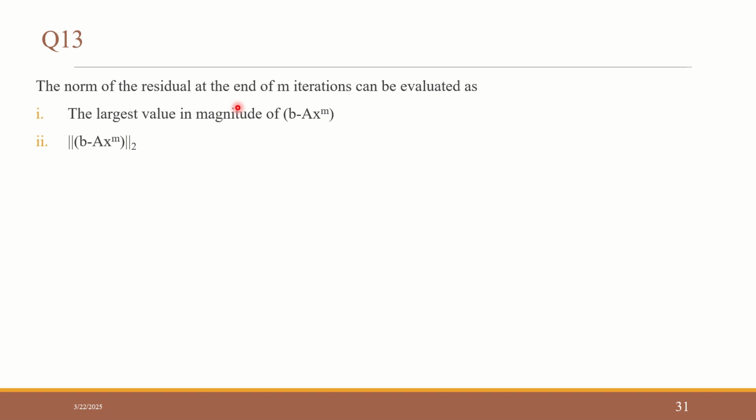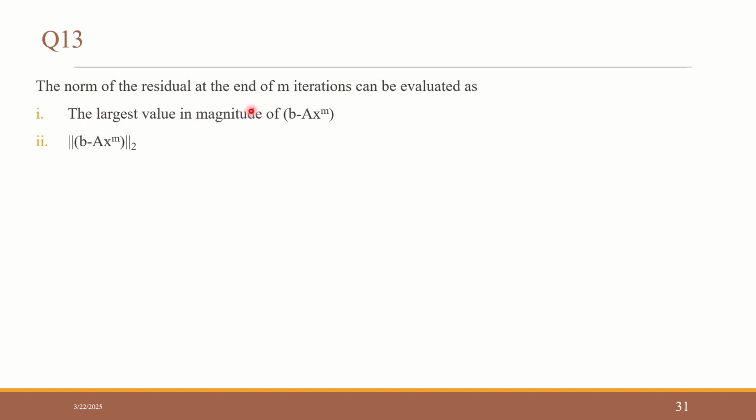The norm of the residual at the end of m iterations is b minus Ax at m, where x at the mth iteration is what changes every time, right? So it is b minus Ax at the m-th iteration. This gives us the residual. Then how do we calculate the norm?